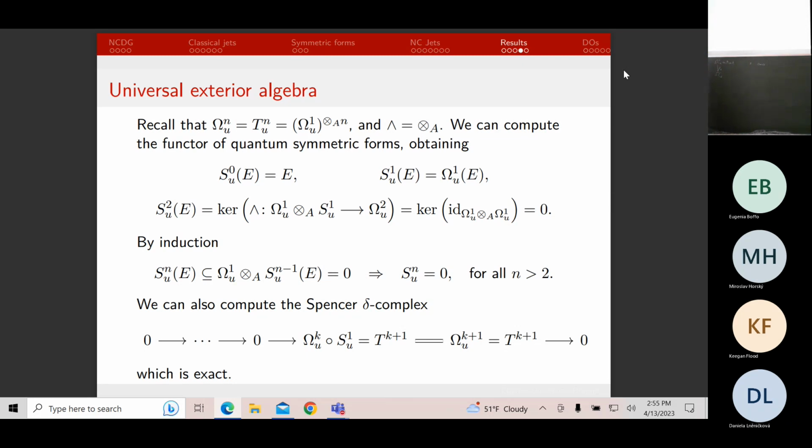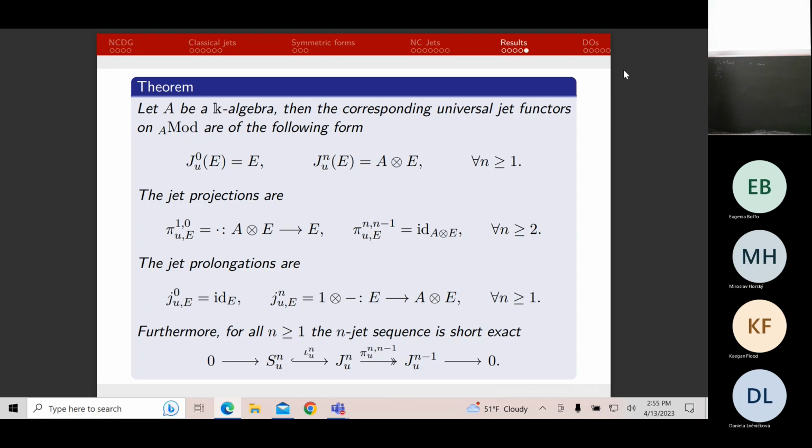And we can build our jets. What jets turn out to be is, in degree 0, the identity functor. So the bundle is mapping to itself by definition. And for higher grades, it's mapped into a tensor.